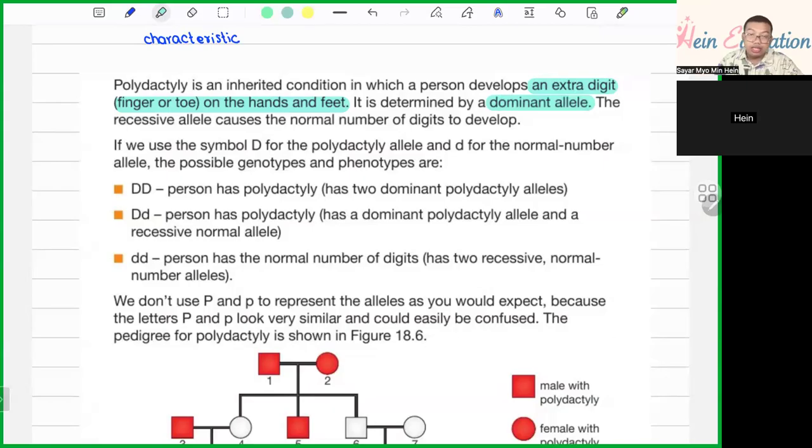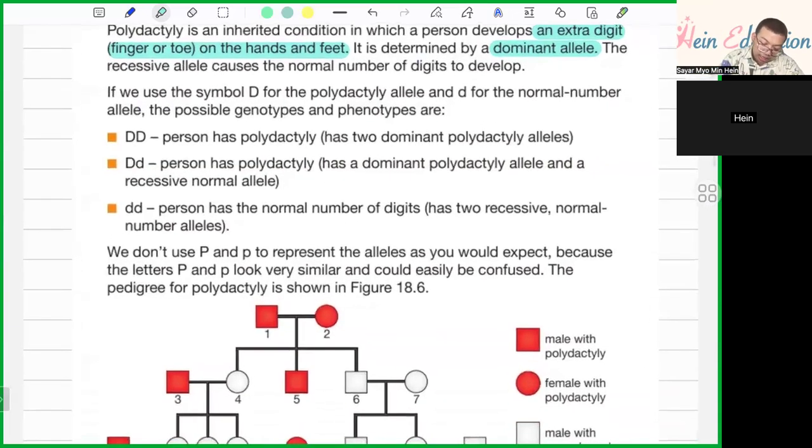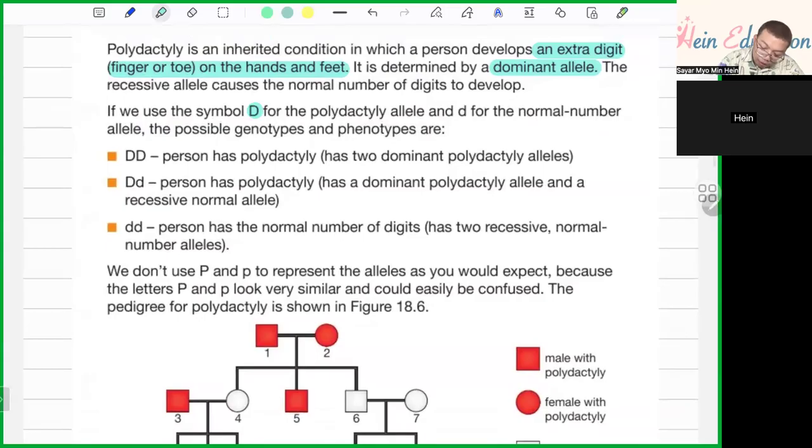So we already knew that: the dominant allele is the extra digit, and if it is normal, then that is the recessive character, right? And the textbook already mentioned that we will use capital D for polydactyly and small d for normal. So we already knew that.